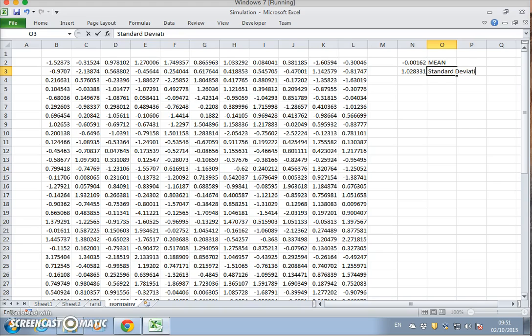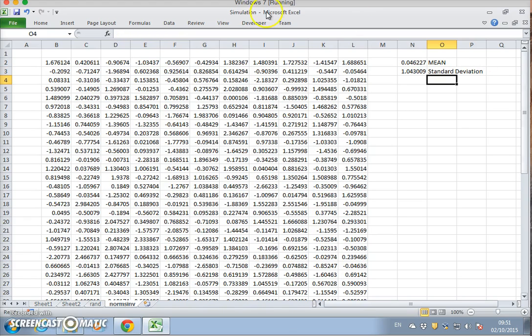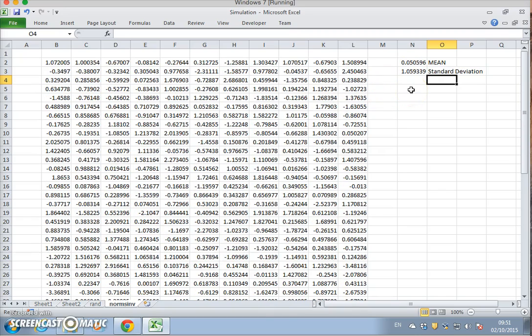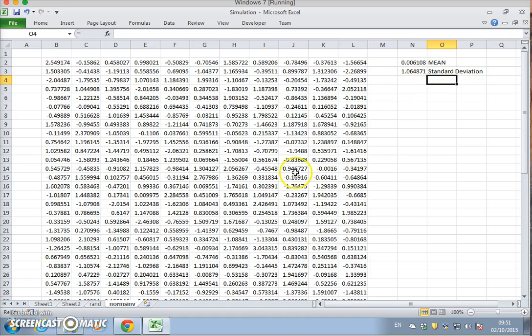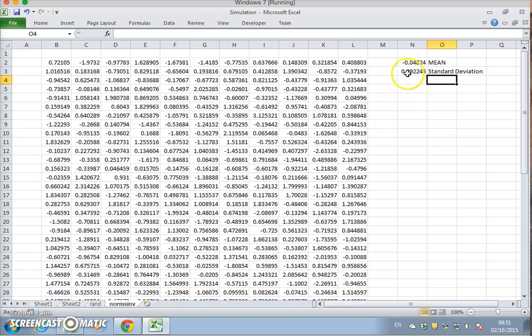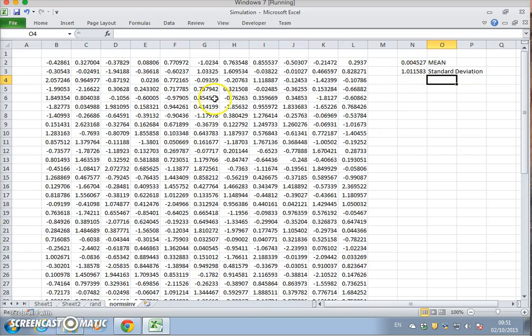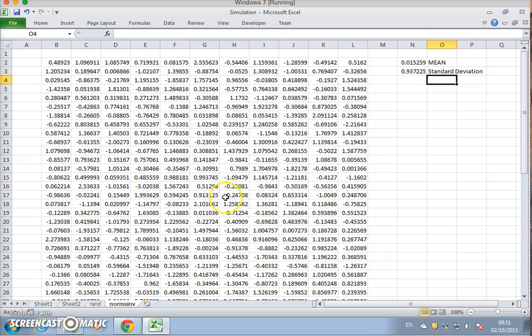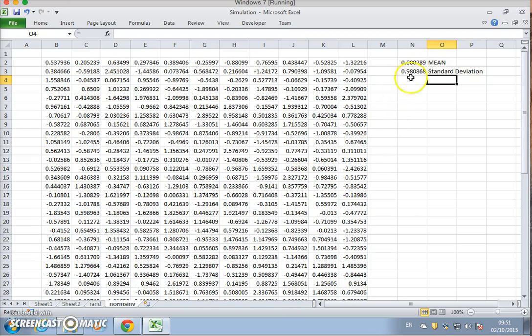So at first glance, taking an initial view here, what we observe is that the mean is 0, standard deviation of 1, and every time we hit F9 we re-randomize the numbers and we can see these properties emerge.